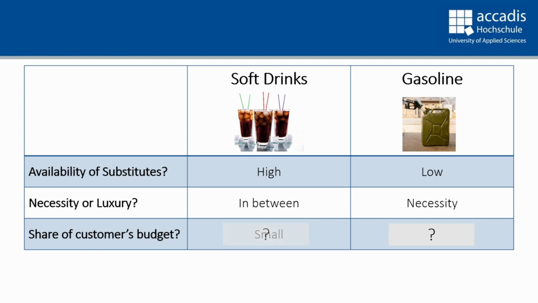So even though the share of the budget, rather low for soft drinks, a little higher for gasoline, reduces this effect a little bit, the implication of this example is clear. For gasoline, you have a low ability to escape the market, while for soft drinks it's rather high. So we can expect inelastic demand for gasoline and rather elastic demand for soft drinks. So in general, the estimates we discussed make sense, but that is not enough for us.